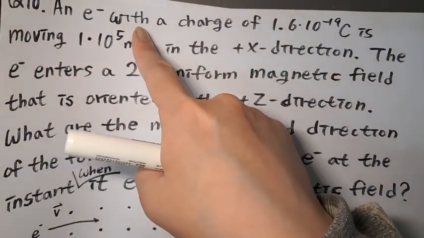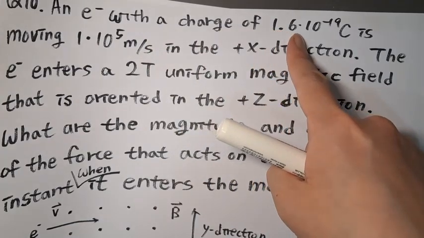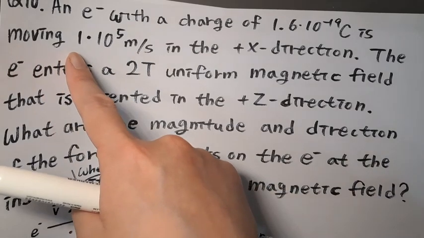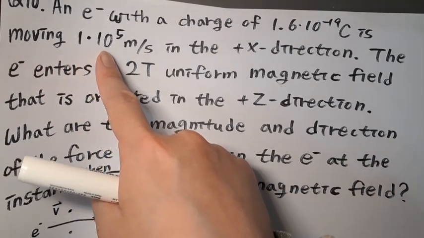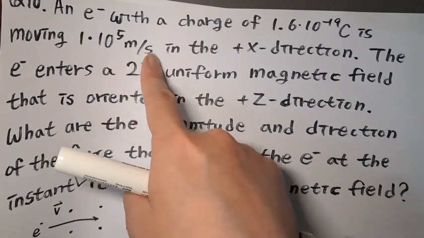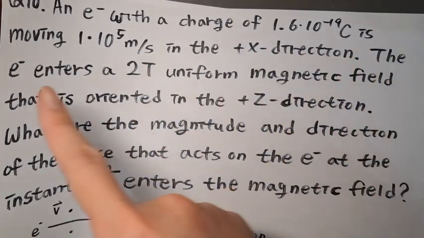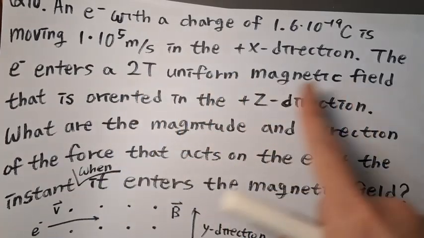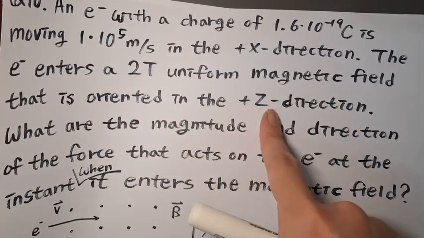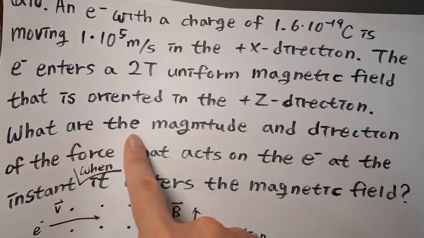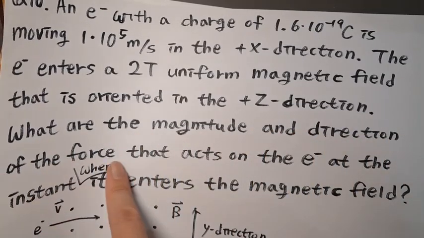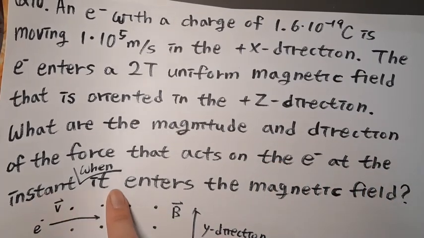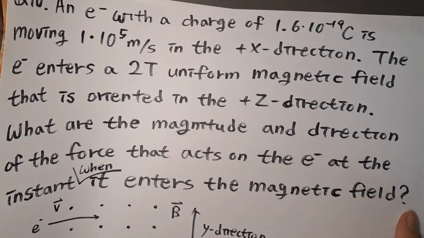An electron with a charge of 1.6 times 10 power minus 19 coulomb is moving 1.1 times 10 power 5 meters per second in the plus x direction. The electron enters a 2 Tesla uniform magnetic field that's oriented in the plus x direction. What are the magnitude and the direction of the force that acts on the electron at the instant when it enters the magnetic field?